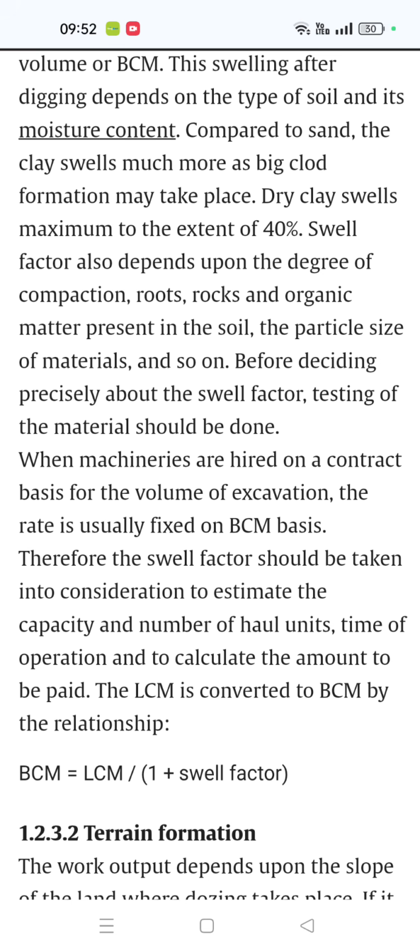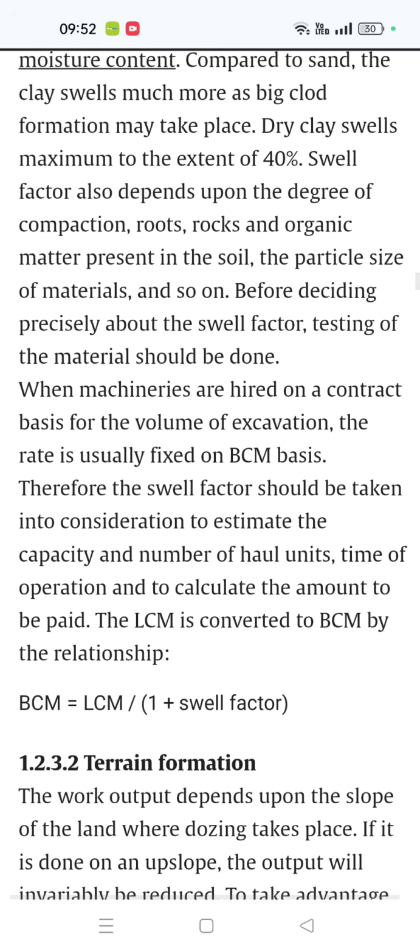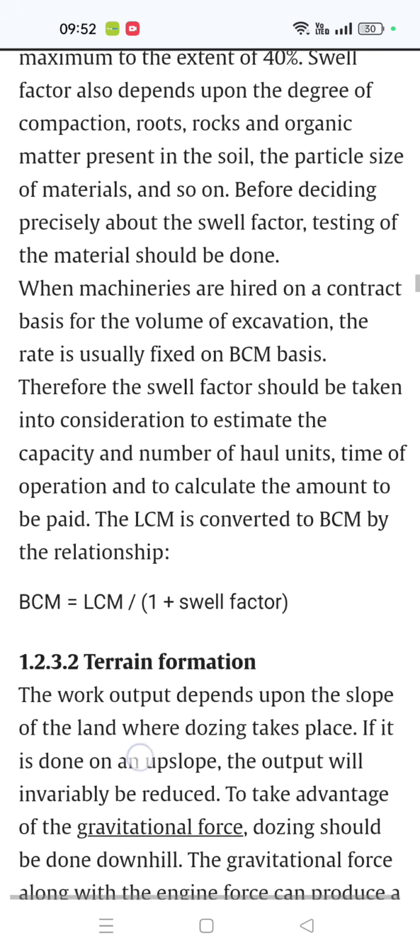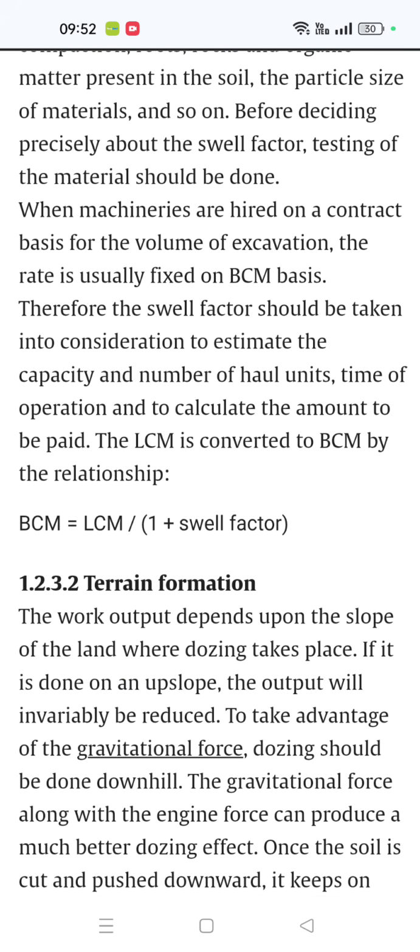Before deciding precisely about the swell factor, testing of the material should be done when machinery is hired on a contract basis for the volume of excavation. The rate is usually fixed on a BCM basis.